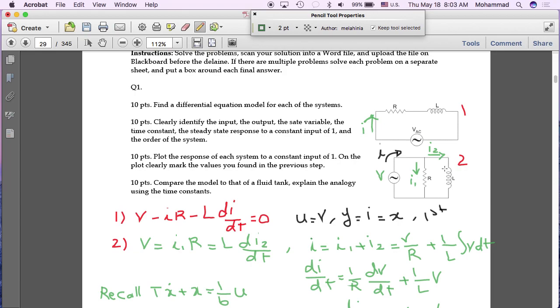Now, what is I1? What is the current passing through this section? The source of voltage is in parallel to both of these, so the voltage applied at each of these two elements is equal to V. So the current passing through this first element is its voltage divided by its resistance, V over R.